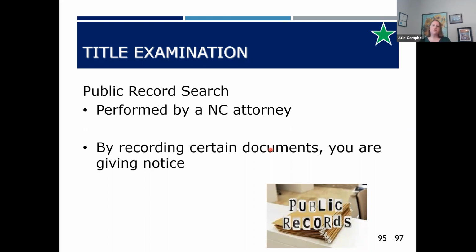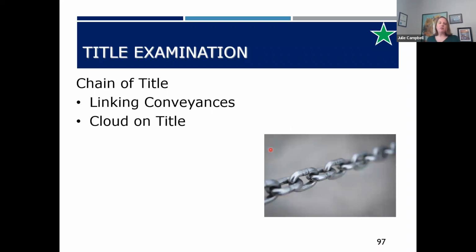And the attorney's going to do their research and they're going to do some history. And what they're looking for is a chain of title. They're making sure the conveyances link. What they're looking for is that the grantor on this deed matches the grantee on the previous deed. The grantor is who?